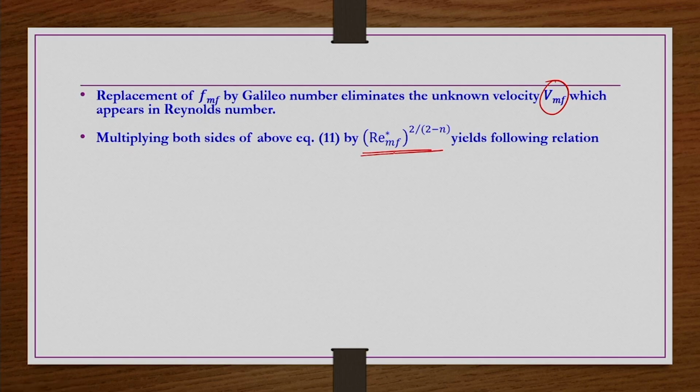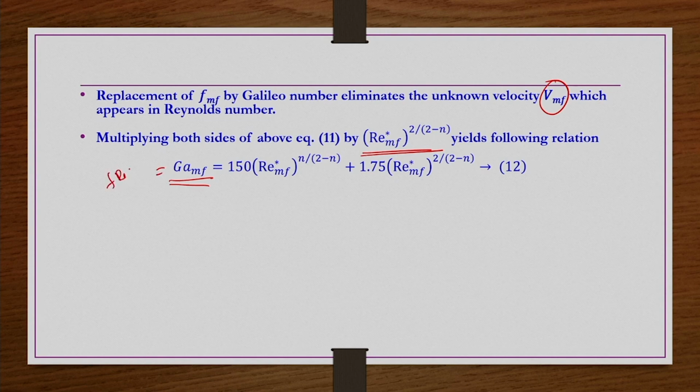Here Re star mf has the same definition as Re star that we saw in the previous lecture for the packed bed, only that wherever epsilon is there, it should be replaced by epsilon mf, and V naught should be replaced by Vmf. That is the only difference. When you do this, the left hand side, f multiplied by Re mf star power 2 by 2 minus n, we call the Galileo number, and then the right hand side is what we have.